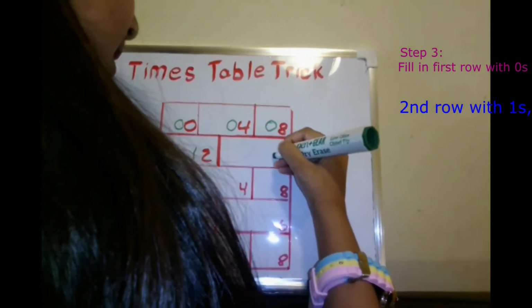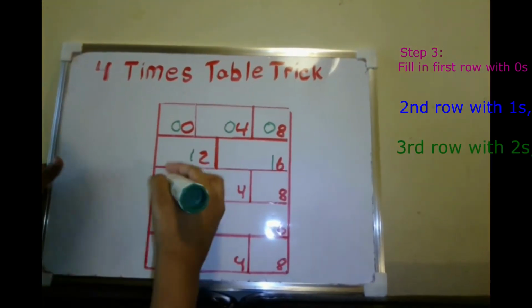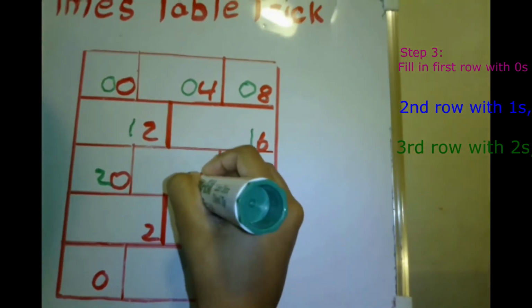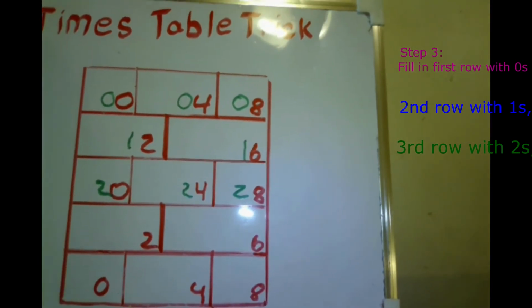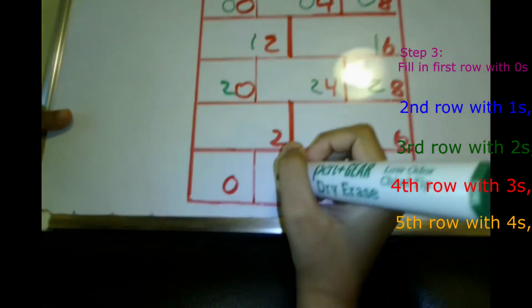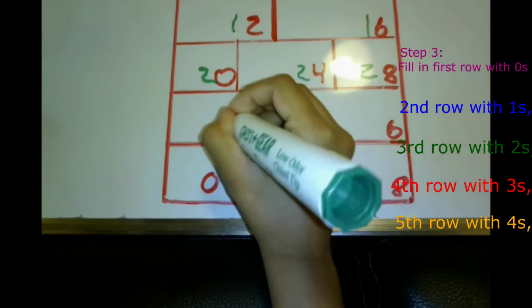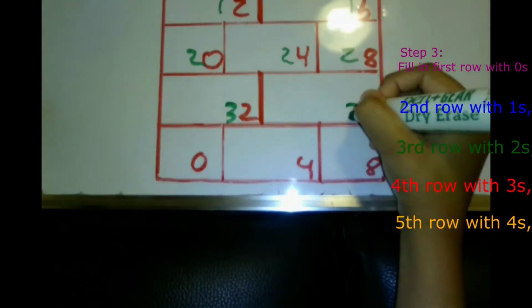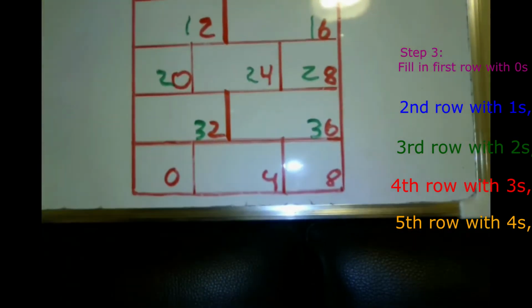In the next one, you're going to put 2s. Like this. So next row, you're going to put 3s. In the last row, you're going to put 4s.